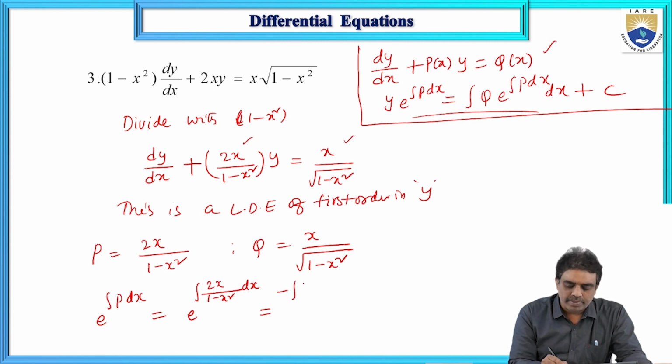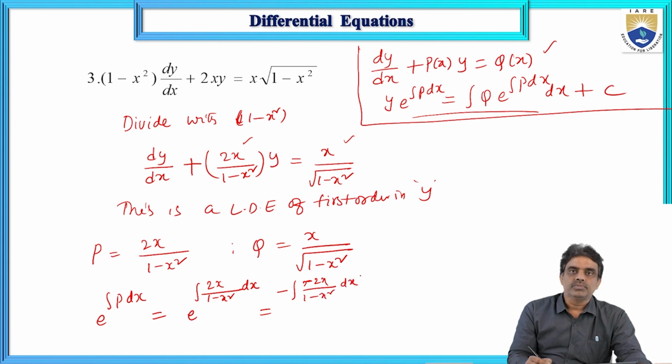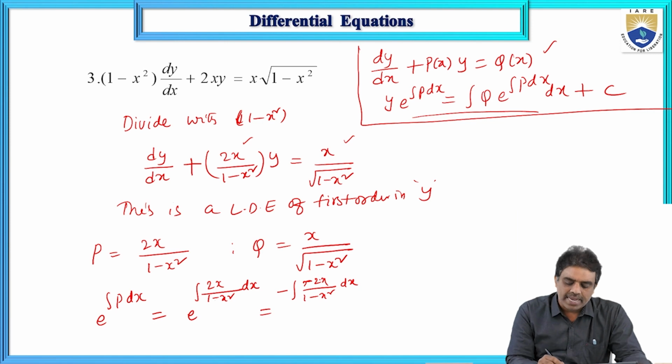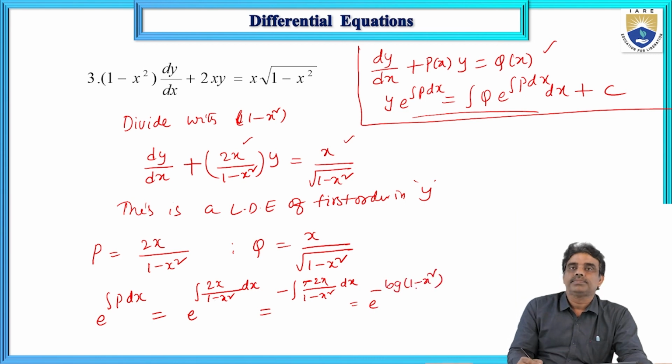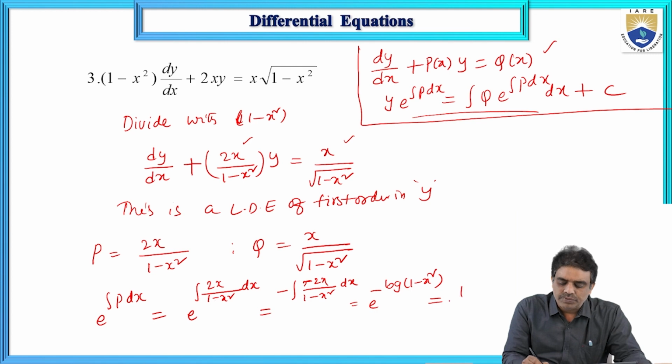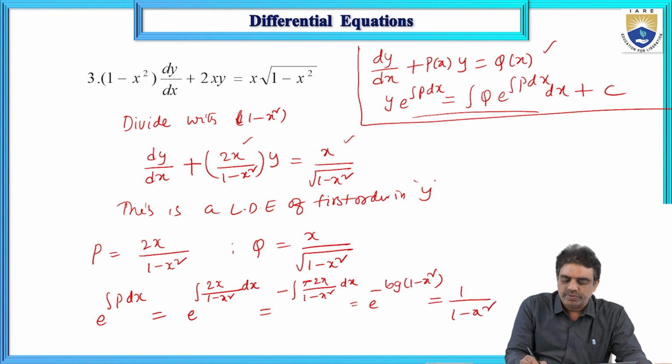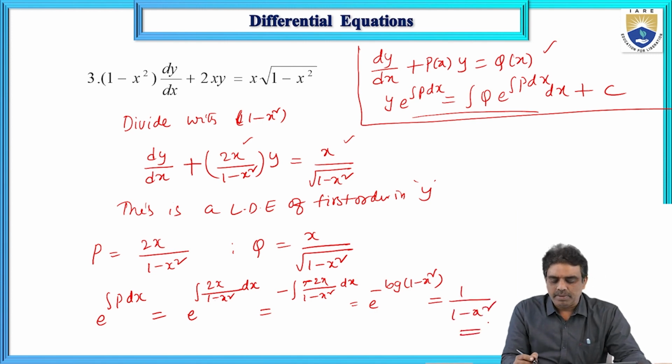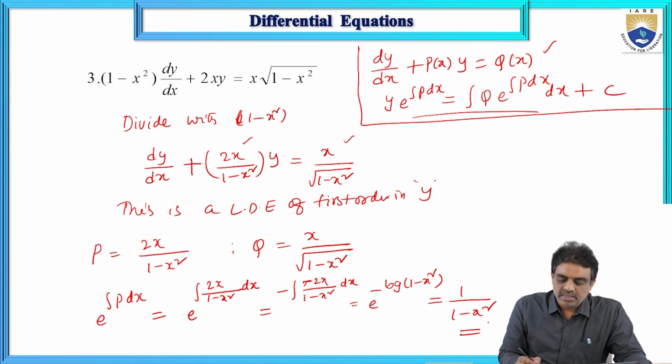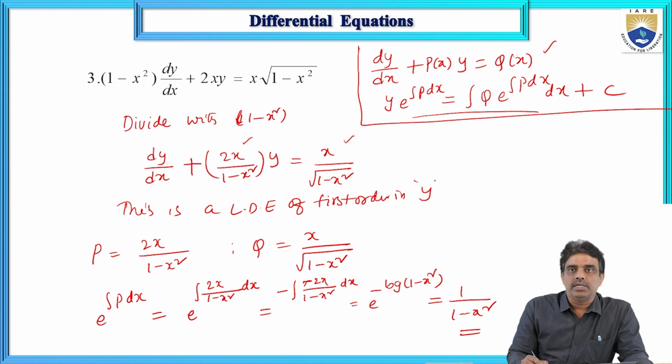So I can write it as minus of integral of minus 2x by 1 minus x square dx. Now it is looking like f dash x by f of x dx. That means e power minus log modulus 1 minus x square, or this can be written as 1 by 1 minus x square.